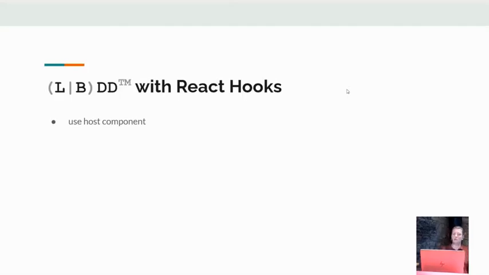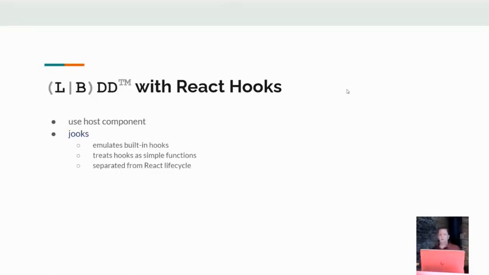Yeah, so you're testing the component which uses hooks. You're not really testing the hook itself. So you cannot rely that the hook will provide all the features that it promises, because the component uses just part of them. So somebody came with a library called Jukes, which is like a concatenation of jest and hooks, which emulates the built-in hooks, all those useState, useEffect, useRef, and whatever.